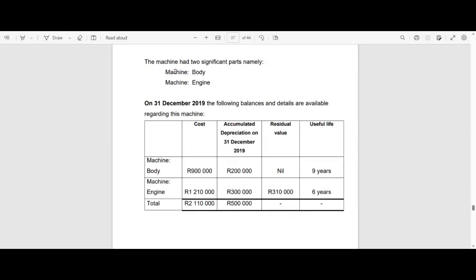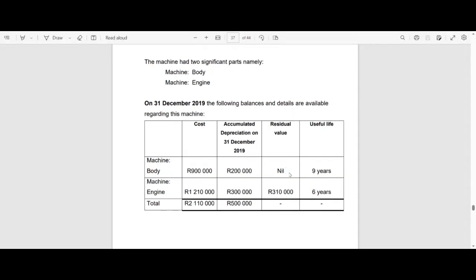In our property, plant, and equipment note, we are only going to have a column for the machine or the machinery if we've got more than one machine, not the body and the engine and any other significant part. But for our calculations and keeping record and track of it, we need to separate them because they are significant in their own right from a value perspective.